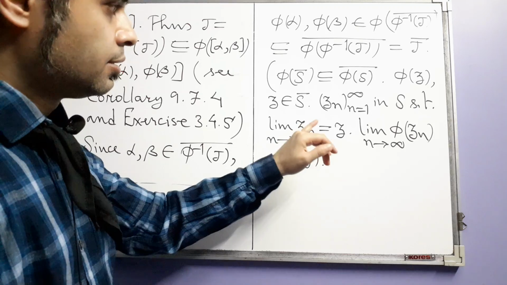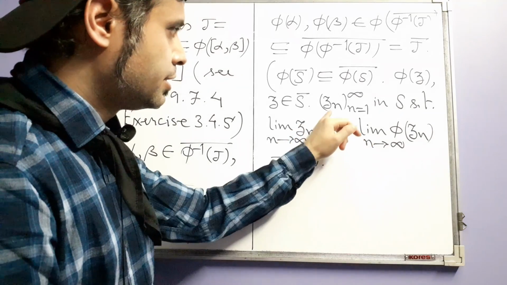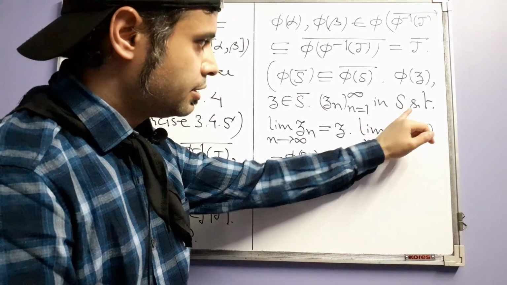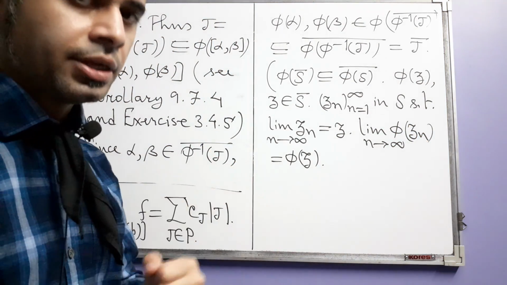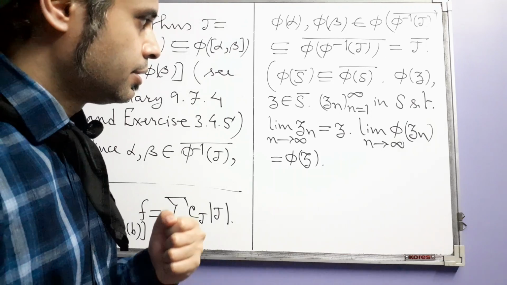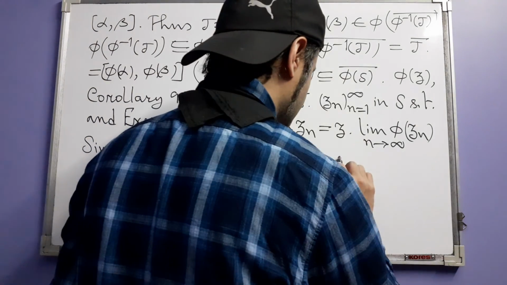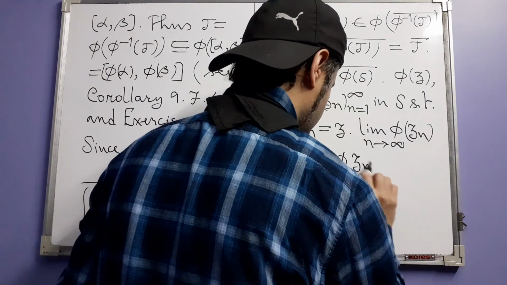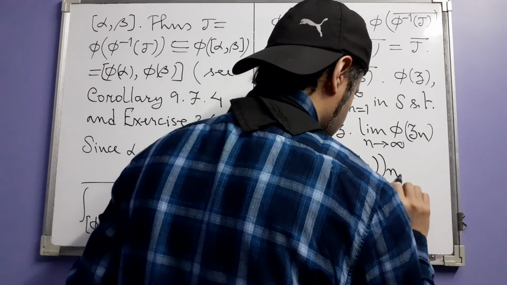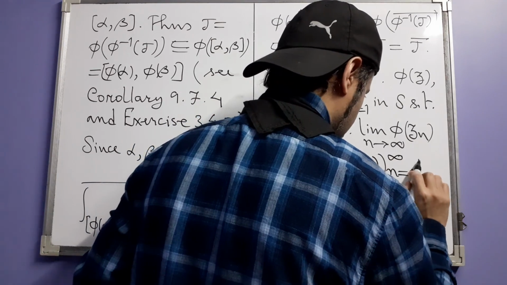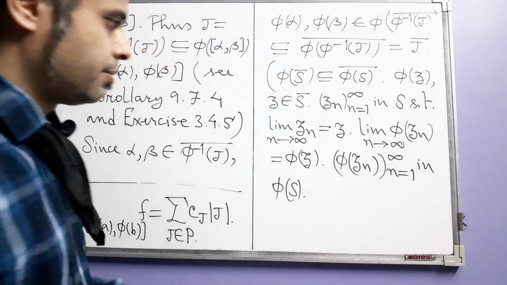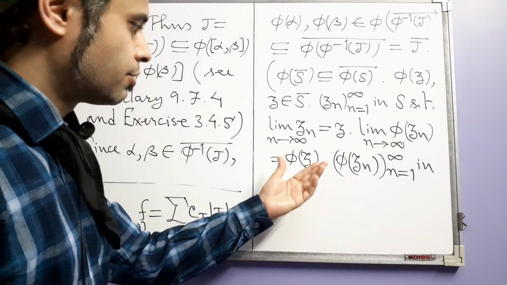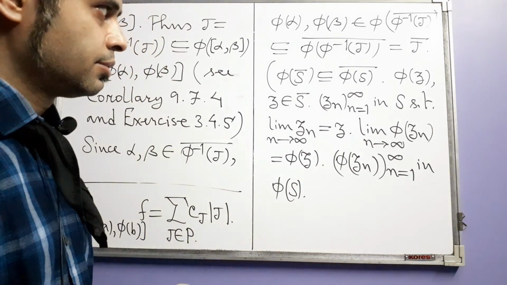Because each Zn is an element in S, phi of Zn is an element in phi of S for each n. That is why phi of Zn is a sequence in phi of S, and this sequence converges to phi of z.